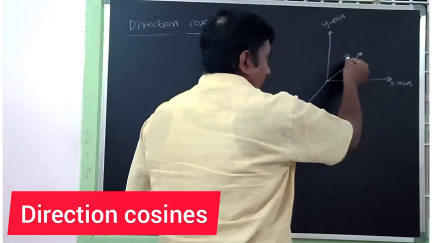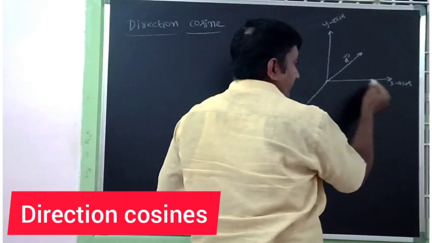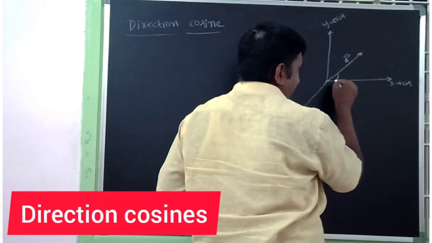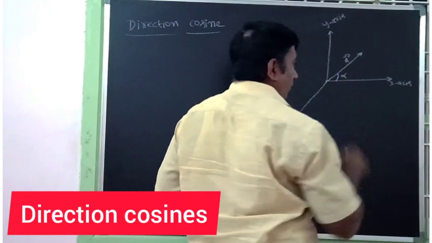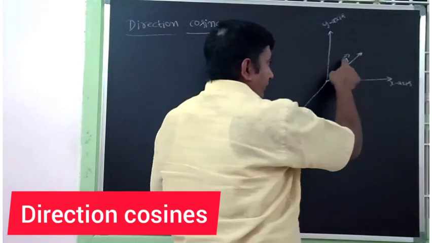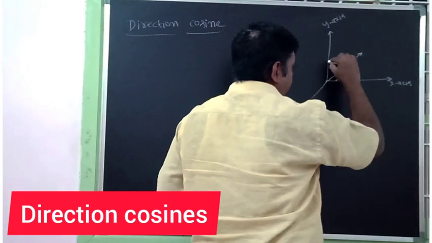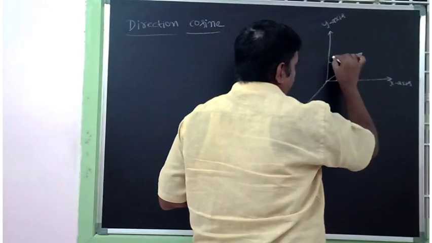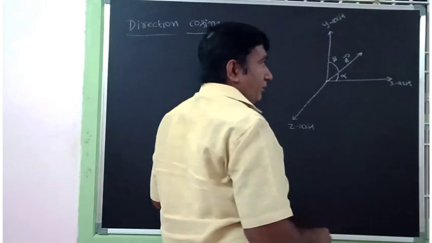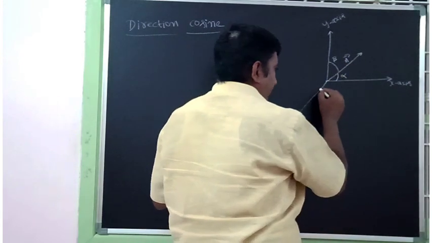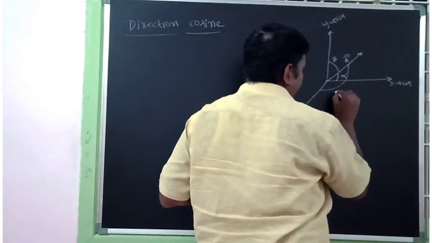The vector a makes an angle with respect to the x-axis, which I take as alpha, an angle with respect to the y-axis as beta, and the angle made with respect to the z-axis as gamma.